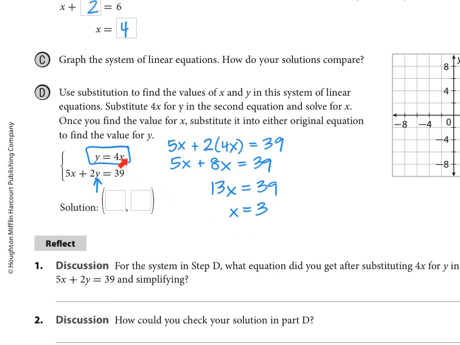So if y equals 4 times x, we can change that into y equals 4 times 3. And that gives us 12, which means our solution is 3, 12. If we were to graph it on the right, which I'm not going to do, it would intersect at that point, 3, 12.